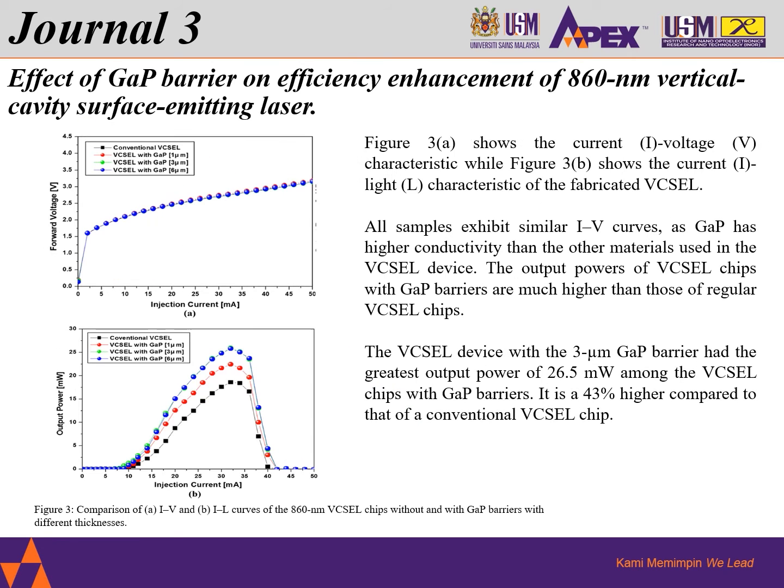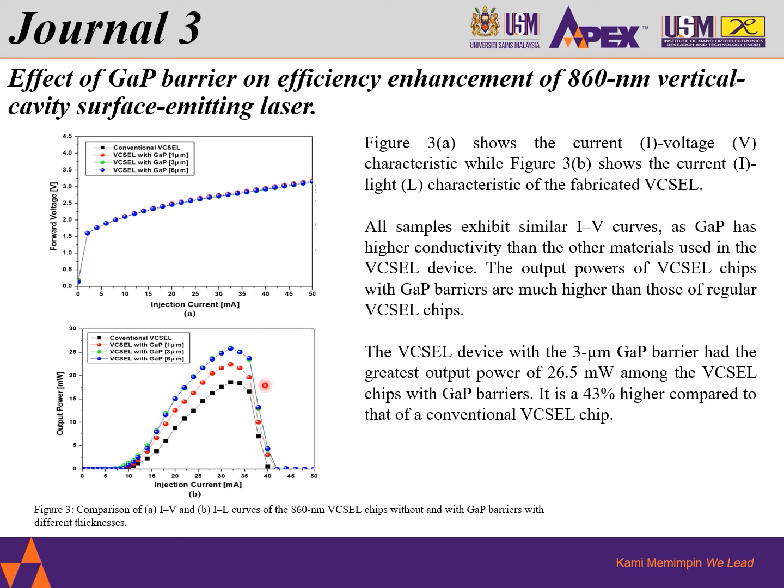Next, I'm going to discuss the electrical characterizations for this VCSEL. We can see figure 3A is the IV curve, figure 3B is the IL curve. Based on figure 3A, we can see almost all the samples have a similar IV curve. As for figure 3B, the output power of VCSEL with gallium phosphide barrier, which is the red and the blue one, is higher compared to the black color line here.